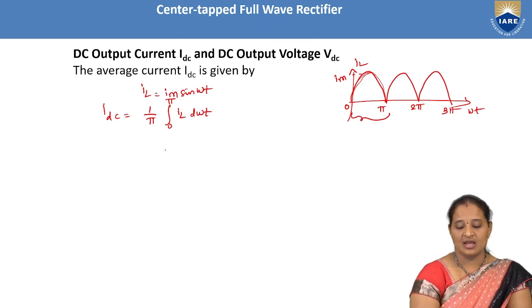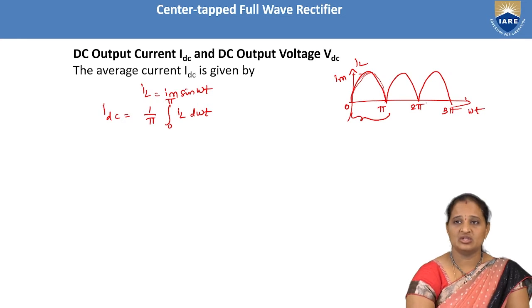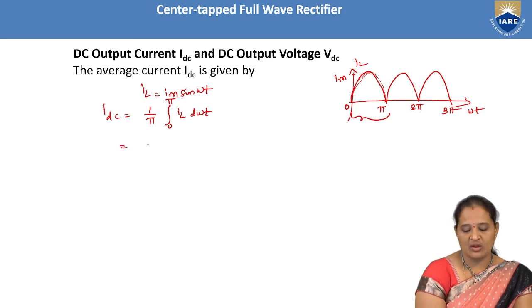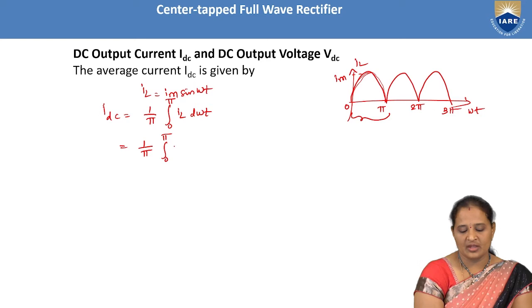This is nothing but the average value for this waveform. As it is repeating, I am just considering this only for the duration of 0 to pi. So now just substitute the IL value here, 0 to pi, that is Im sin omega t d omega t.